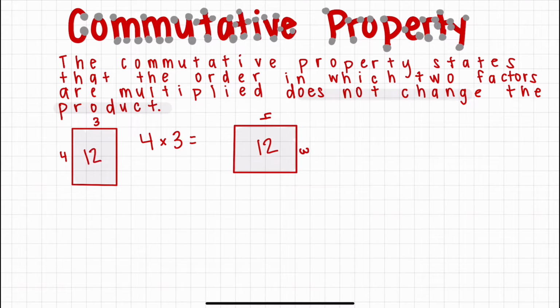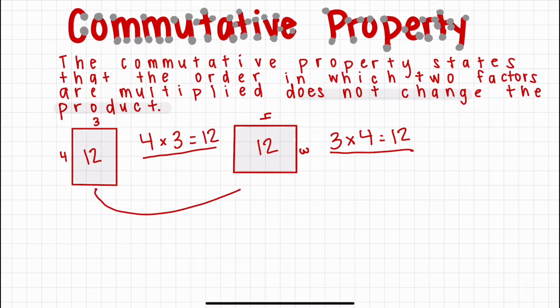So both of these are equal to 12, but this one is in the arrangement of 3 rows of 4. So whether the 4 comes first in my multiplication equation or the 3 comes first, I'm still going to get a product of 12. As we see, we just took this and rotated it.